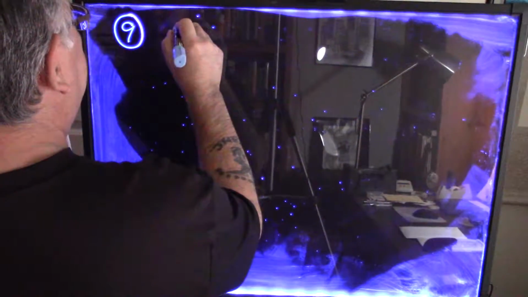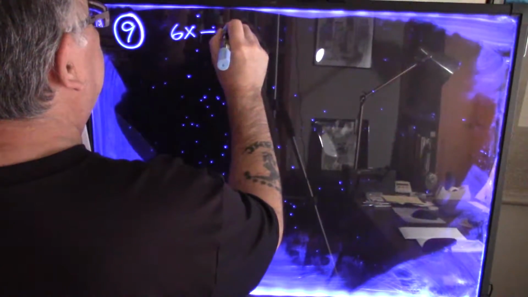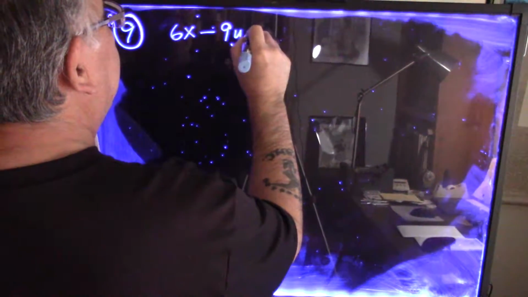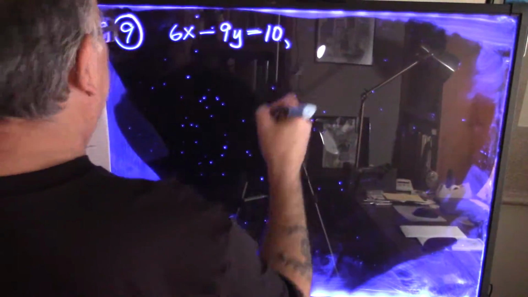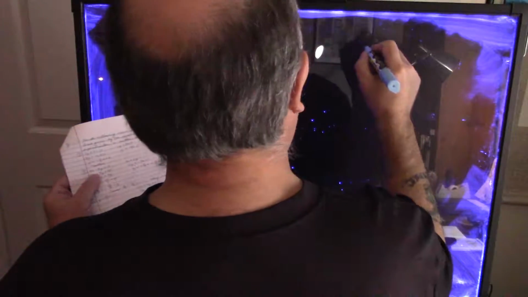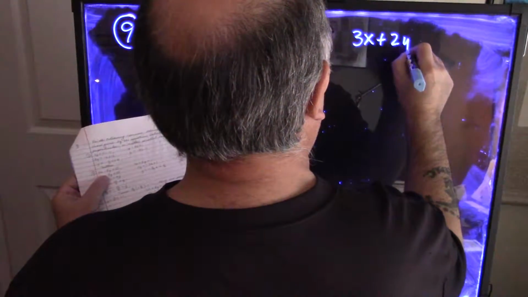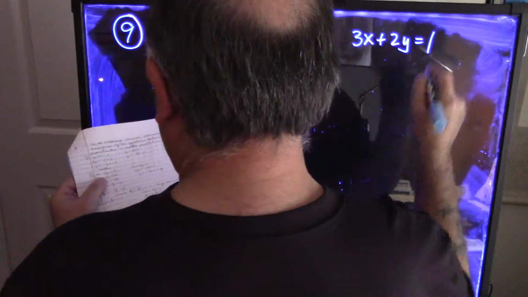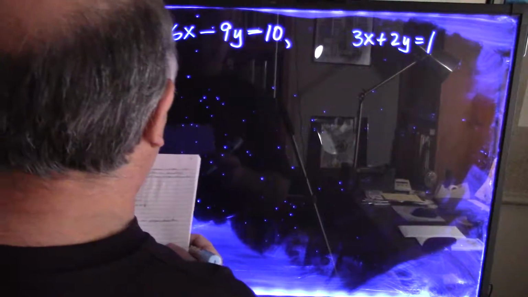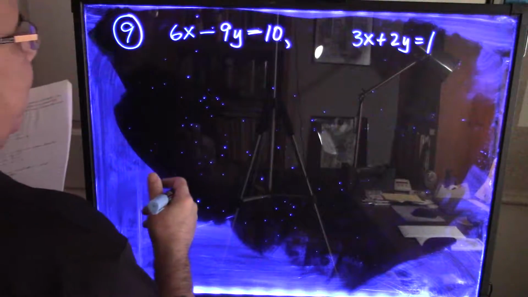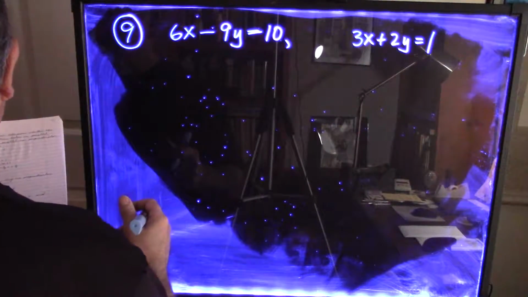Number 9. We have 6x minus 9y equals 10. And our other line is 3x plus 2y equals 1. So we need to find the slopes of both of these, so we solve both of these for y.